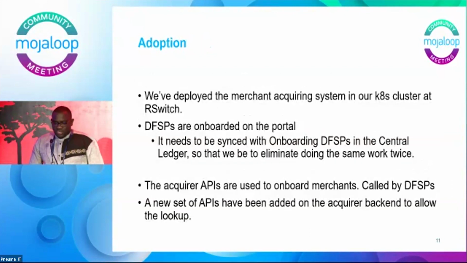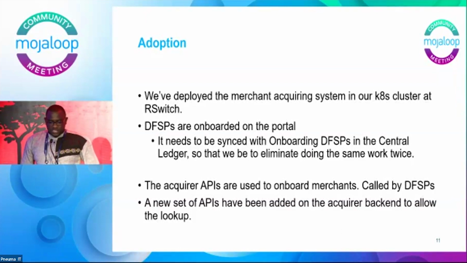How we've adopted this so far is we have this merchant acquiring system in our Kubernetes cluster already and working. So we onboard DFSPs on the portal, on the user interface.